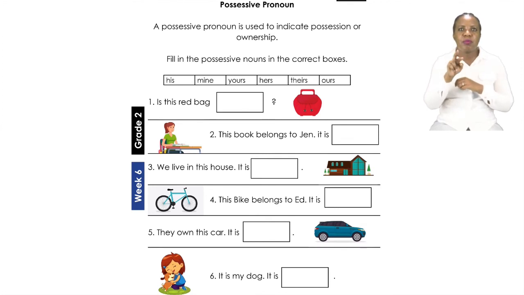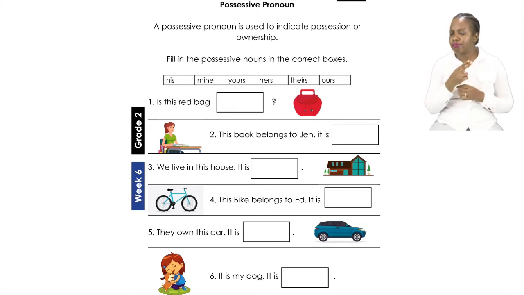They own this car. It is dash. Let's read it again. They own this car. It is dash. Which possessive pronoun can we use for the people who own the car? Is it ours?